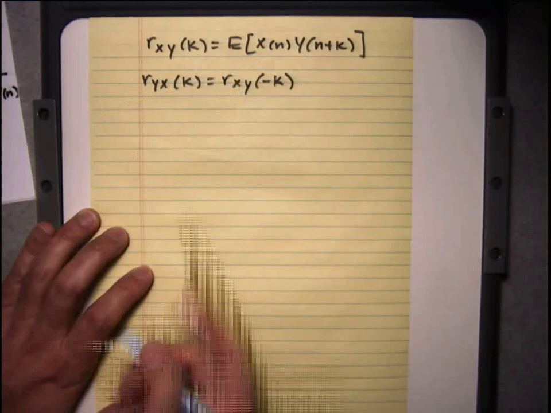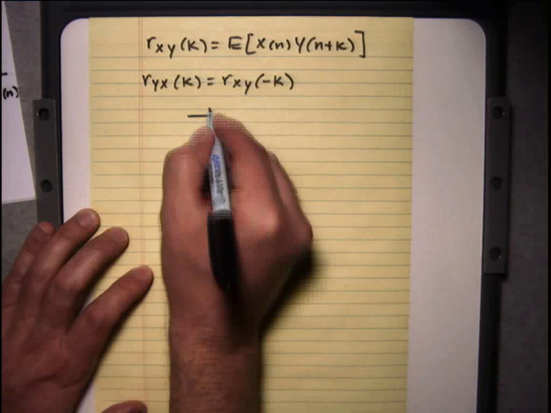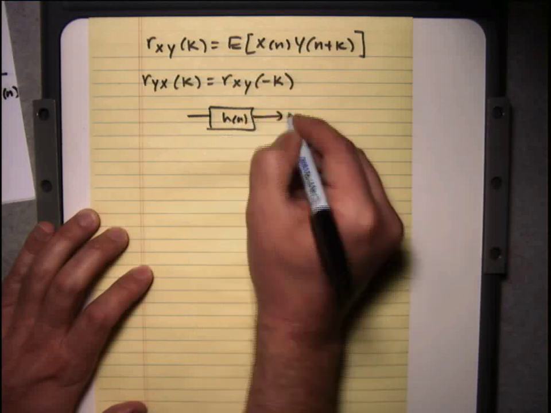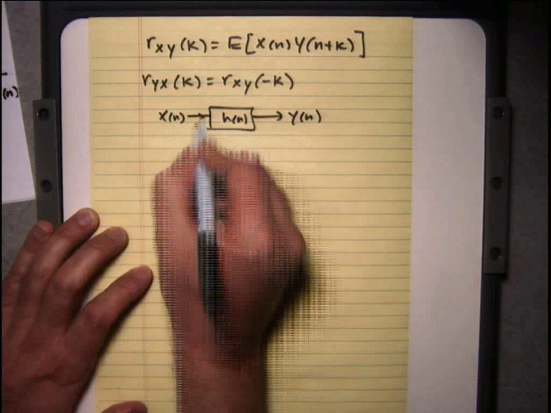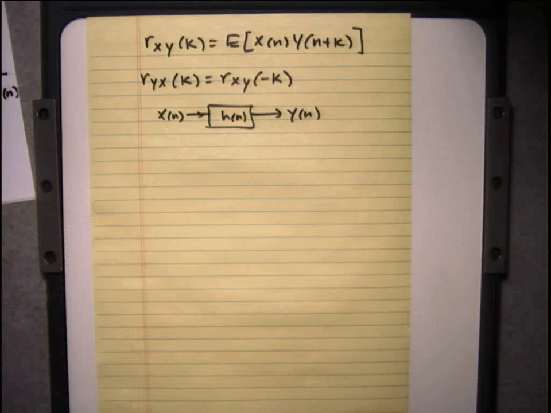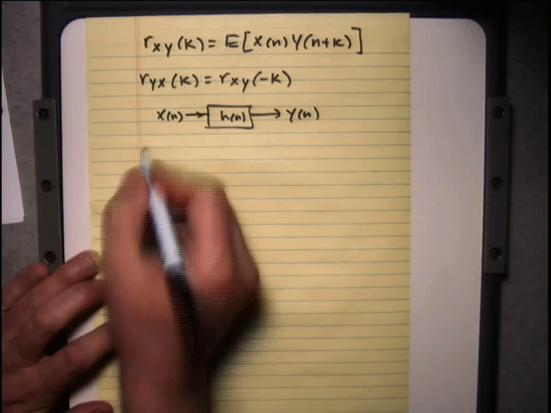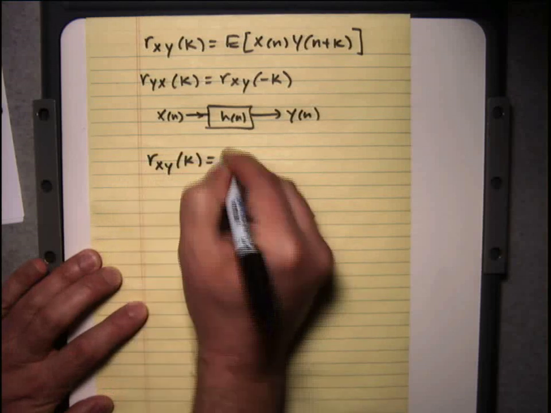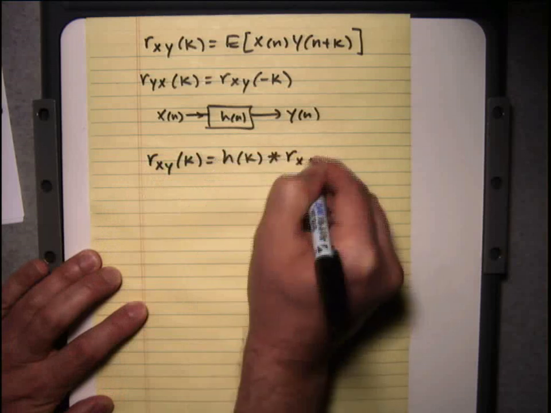Now I'm going to suppose that y and x are not just two arbitrary random processes, but one is the output and one is the input of a linear shift-invariant system. So now, what can I say about these things, more generally speaking? Well, Rxy of k is h of k convolved with Rxx.